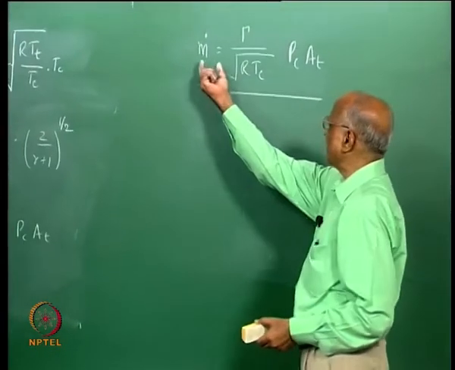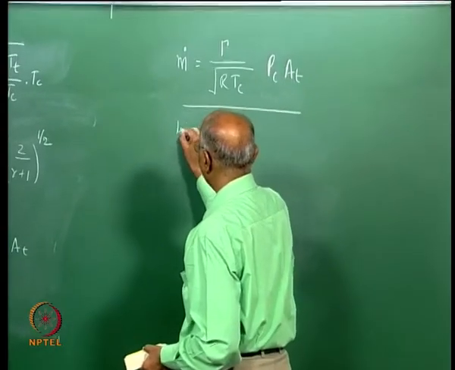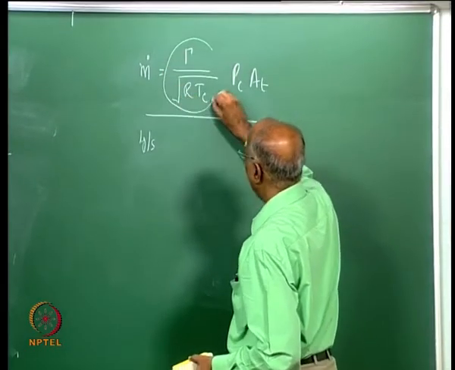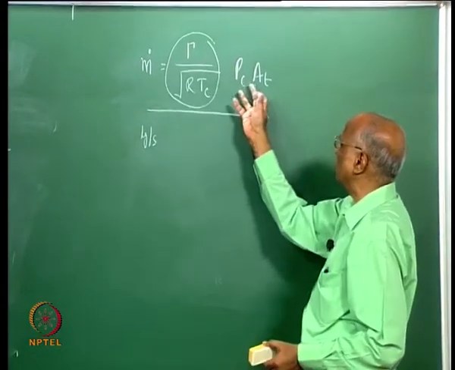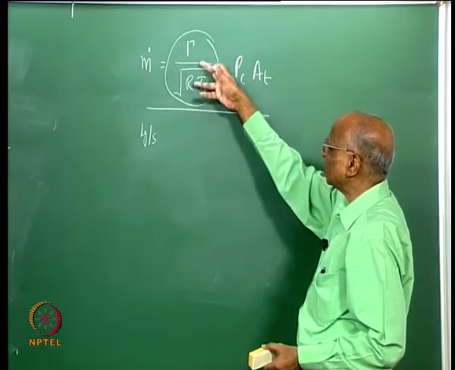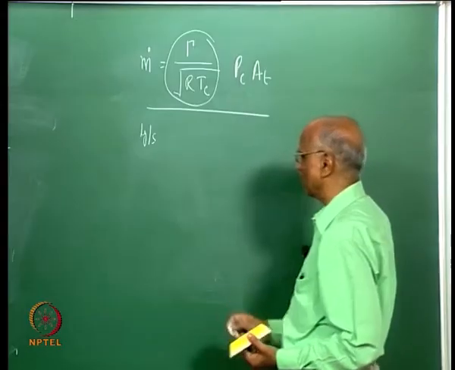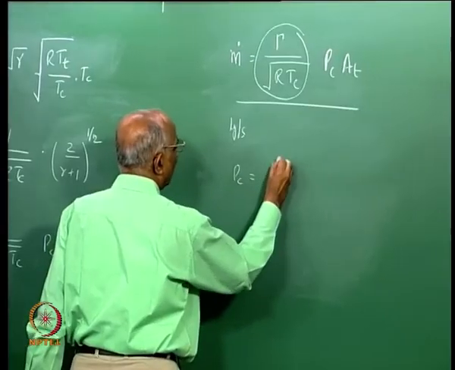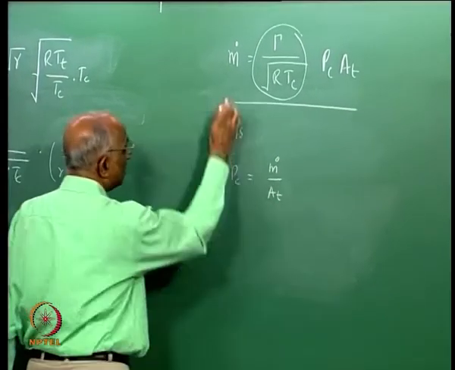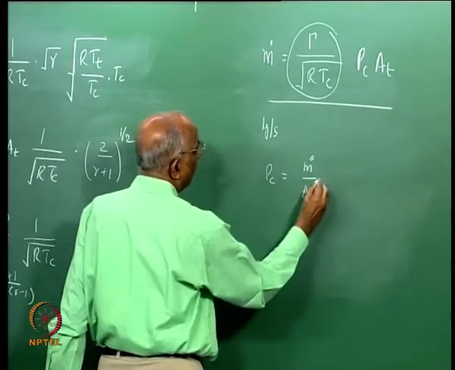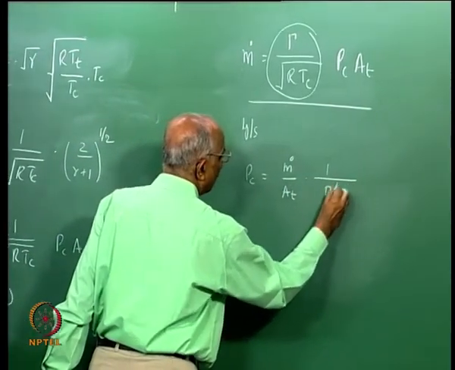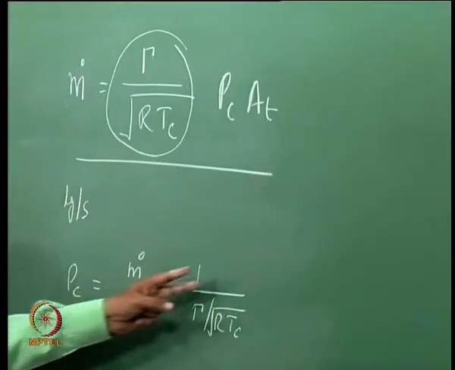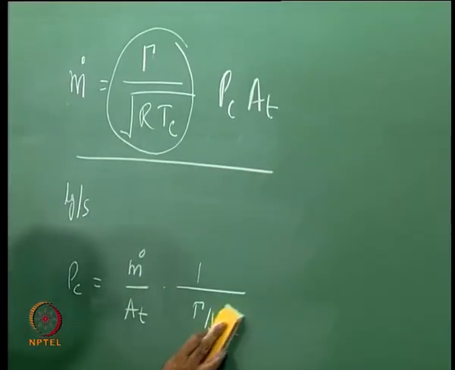You find that for a given mass flow rate in kilograms per second, if I were to use this expression as something which transfers the mass flow rate into chamber pressure, this is something like a transfer function. What do you mean by transfer function? If I were to rearrange this equation, I get Pc is equal to m dot divided by At, that is mass flux through the throat, into 1 over gamma by RTC under root, or rather RTC divided by gamma, I take it upstairs.